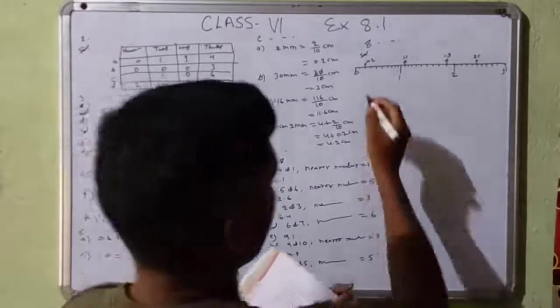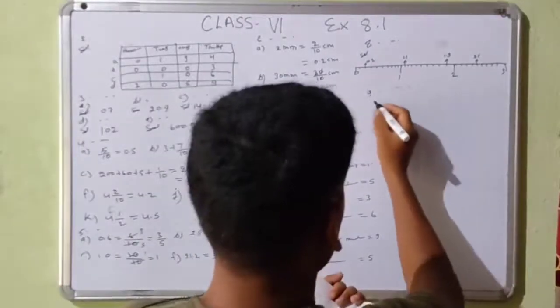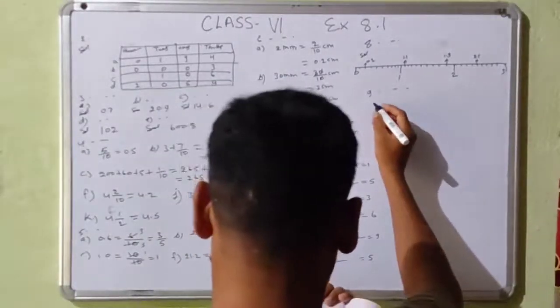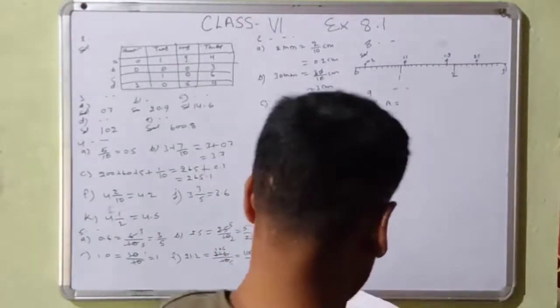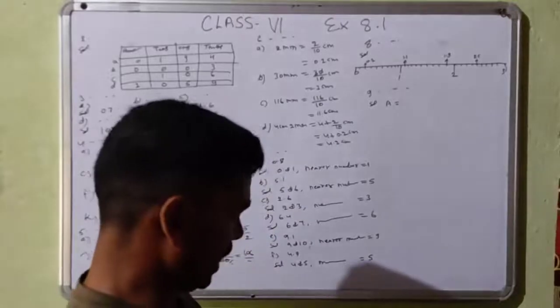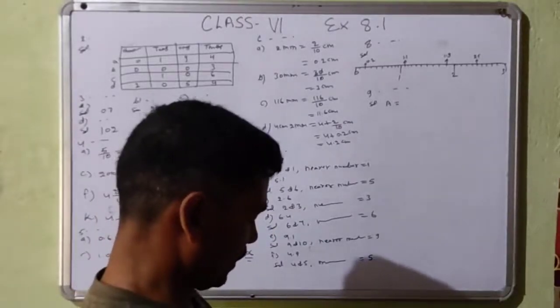Write the decimal number represented by A, B, C, D on the given number line. So that is the 9th question. Solution. A is equal to 0.8. You can count 1, 2, 3, 4, 5, 6, 7, 8.